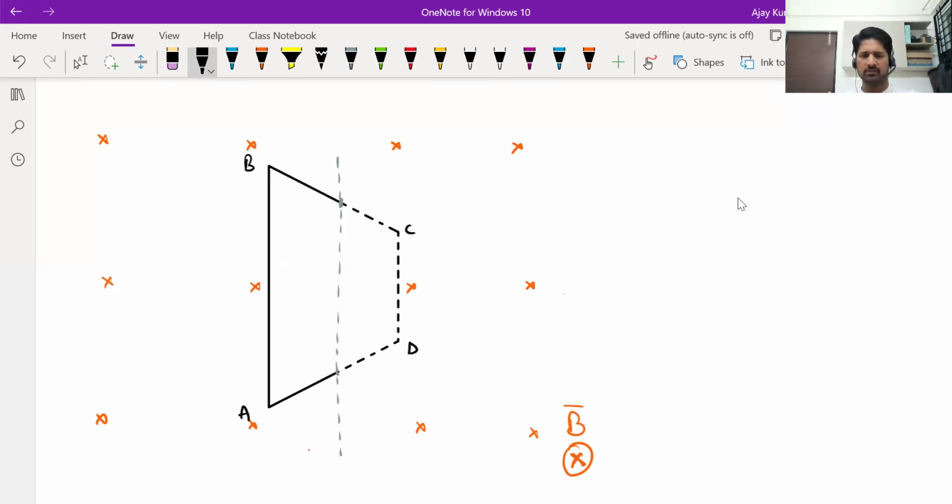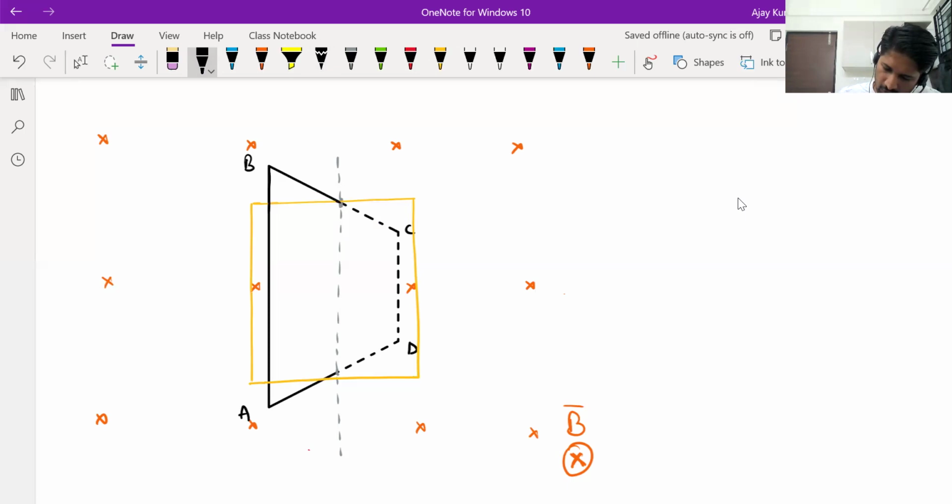Are you all able to understand what was done? Originally, it was like this. Okay, but now one edge is brought closer to us.